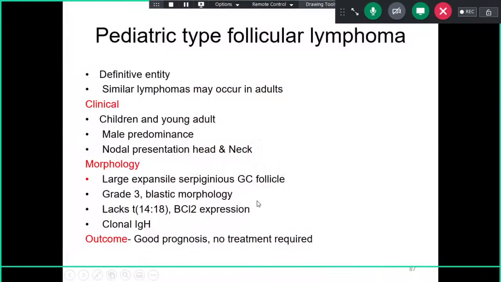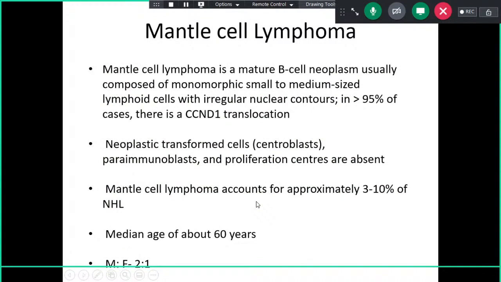So there are 2 patterns I described: one is your follicular pattern, one is your diffuse pattern. All these 5 lymphomas can present like this. Follicular mostly presents as follicular, but can be diffuse. The rest 3 mostly present as diffuse, can also present as follicular.